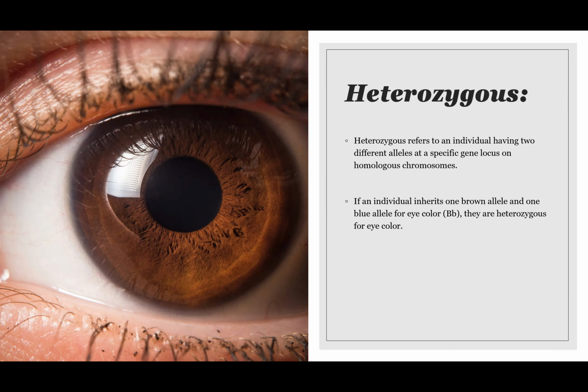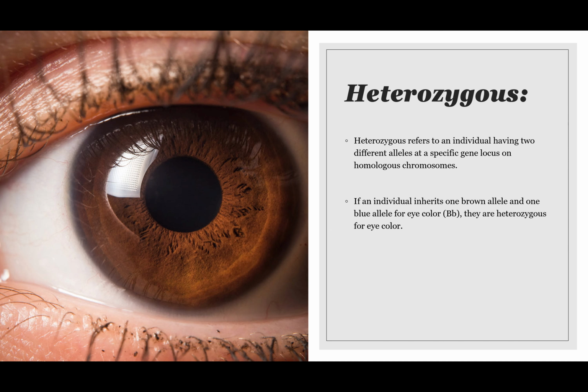For heterozygous, no, we're basically speaking about the individual having two different alleles at a specific gene locus on homologous chromosomes. So if an individual inherits one brown allele and one blue allele, then the heterozygote color will appear in accordance with dominance and recessiveness, depending on whether the allele is dominant or recessive.